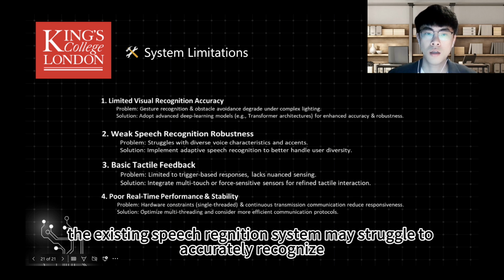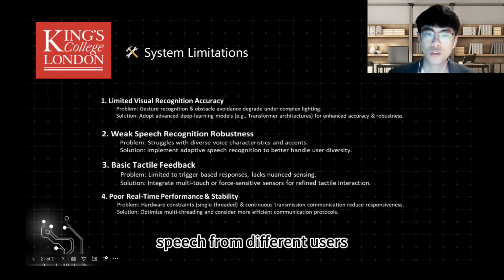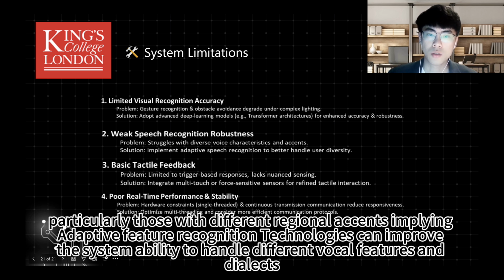The existing speech recognition system may struggle to accurately recognize speech from different users, particularly those with different regional accents. Employing adaptive speech recognition technologies can improve the system's ability to handle different vocal features and dialects.